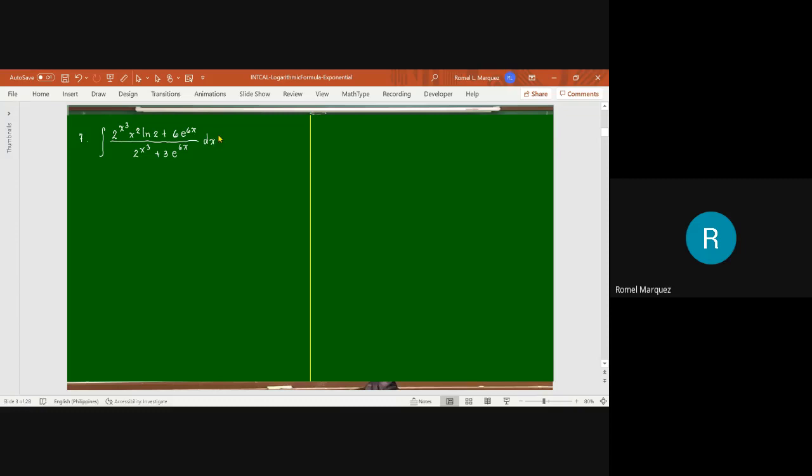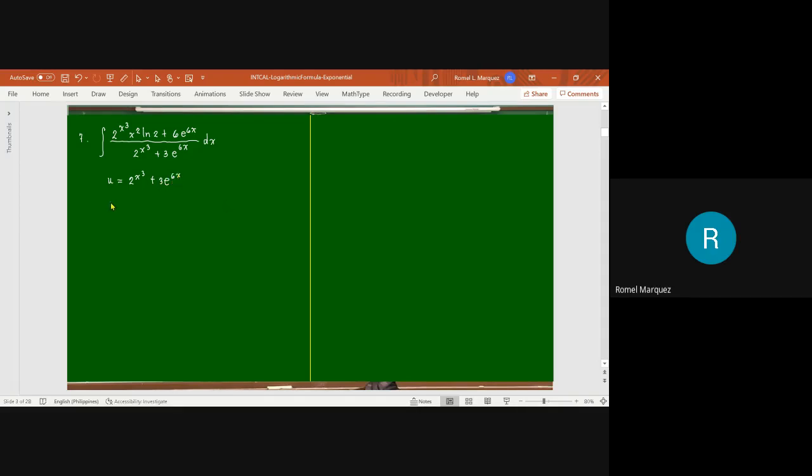Okay? What do you think here? Again, it's a trial and error, no? Let's try if the denominator is our u, 2 to the x cubed plus 3 e to the 6x.